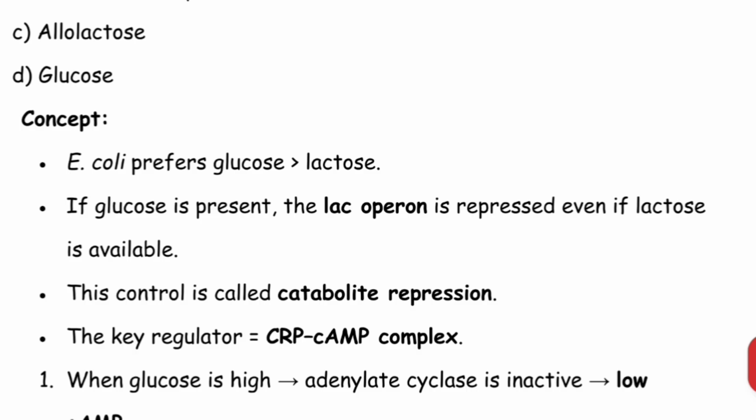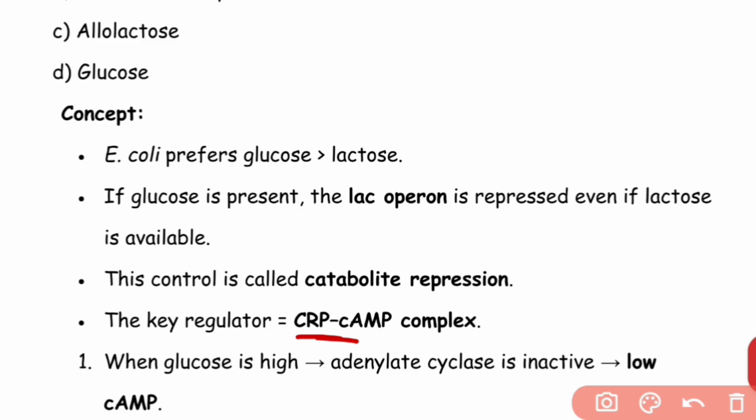The key regulator in catabolite repression is the CRP-cAMP complex. CRP stands for cAMP receptor protein, which is also known as CAP, the catabolite activator protein. And cAMP stands for cyclic adenosine monophosphate.